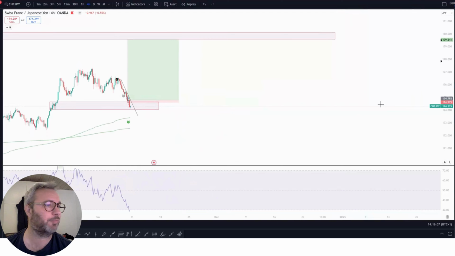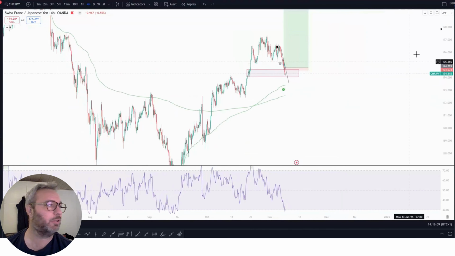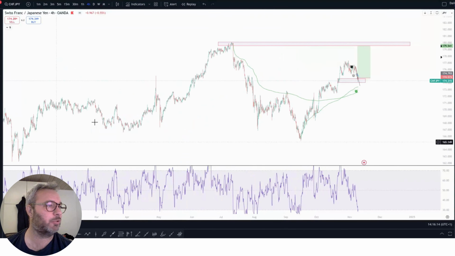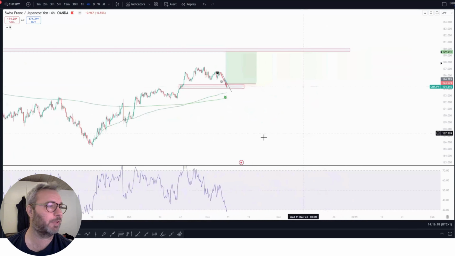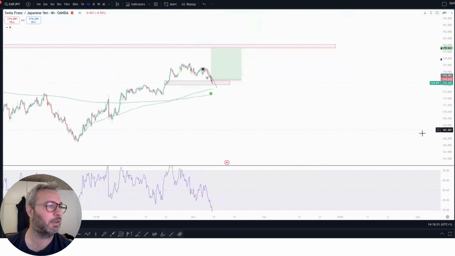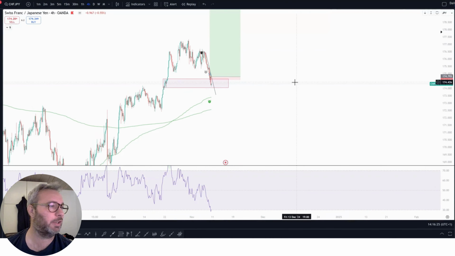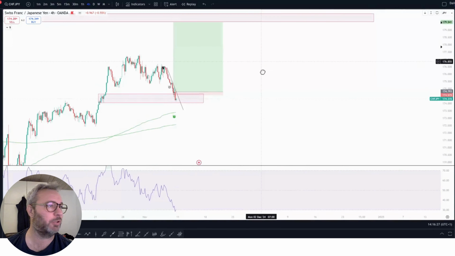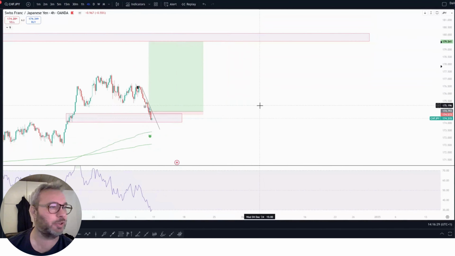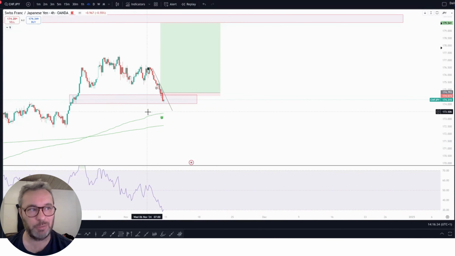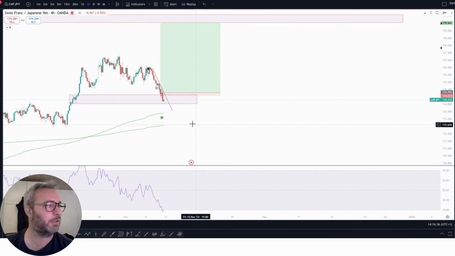You can see here price is in an uptrend, higher low, and also here. So my idea is that the price will continue up and test this resistance area. It might still do, and I'll still be looking at this pair here next week.